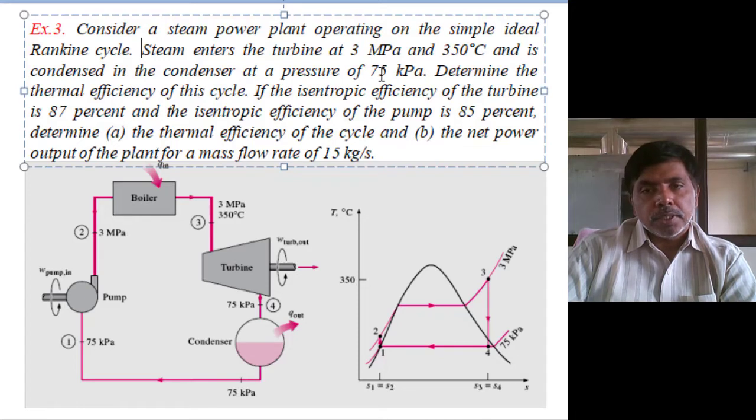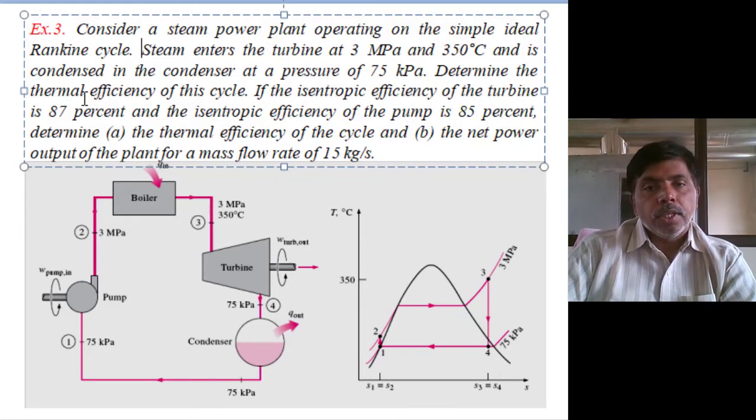Same data: 30 bar pressure and 0.75 bar. 30 bar, 350 degrees centigrade. At 0.75 bar, the temperature you can also extract by isentropic expansion.